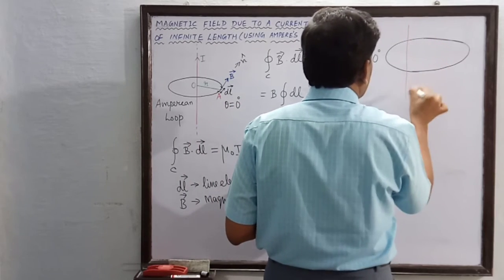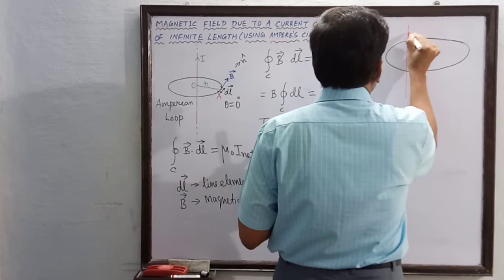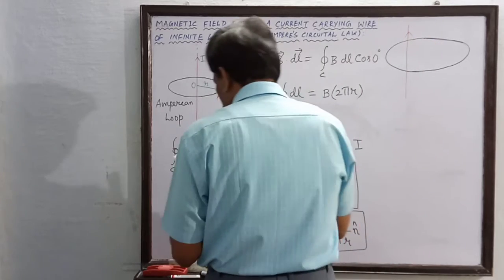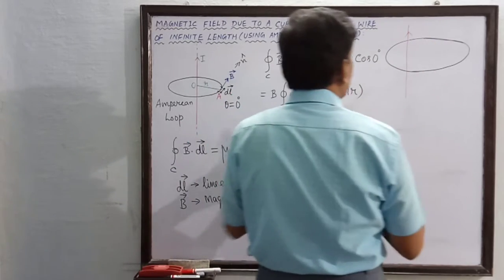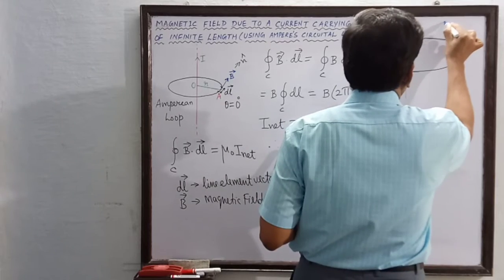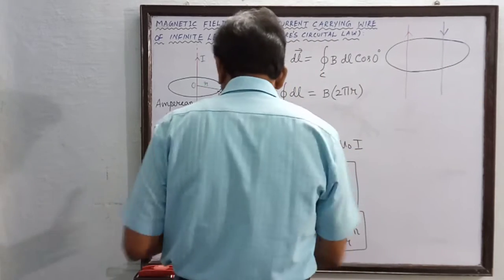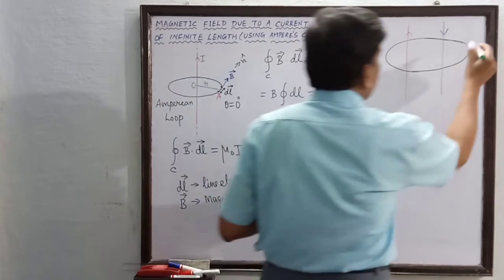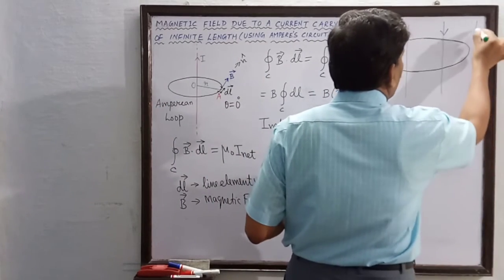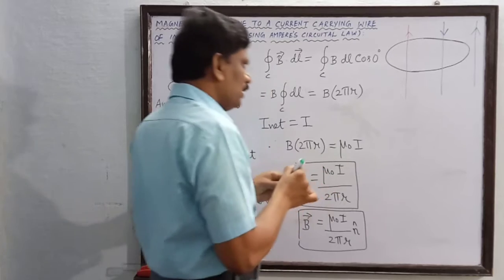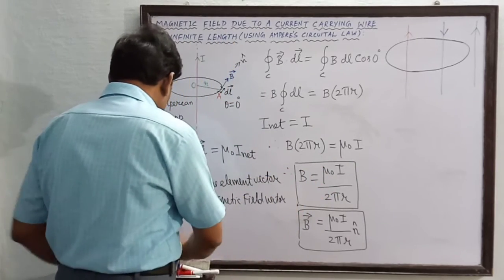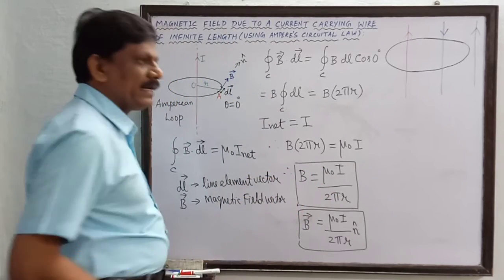This is one conductor, and here some current is flowing. Another conductor carries some current in the downward direction. And a third conductor is kept outside this Ampere loop. So you can see there are three current carrying conductors.